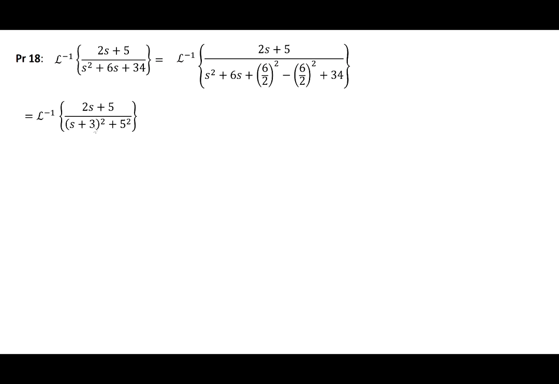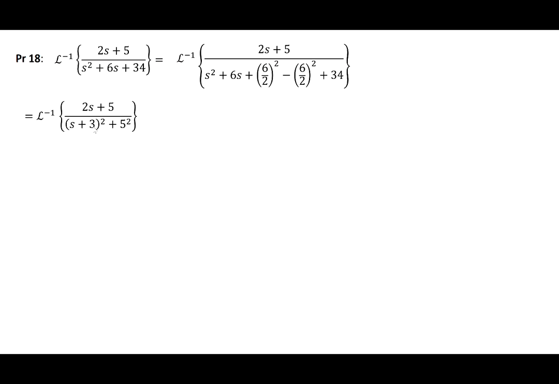Is there a Laplace inverse formula for something that looks like this? Nope. However, is there a formula for s over s squared plus 5 squared? Laplace inverse of, pay attention please, is there a formula for Laplace inverse of s over s squared plus 5 squared?